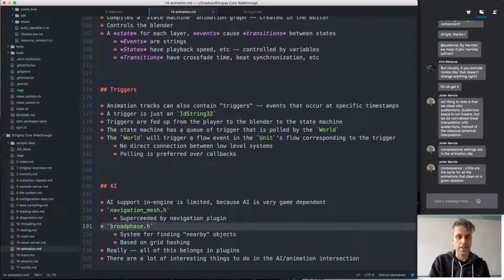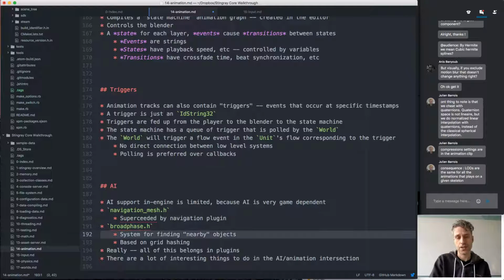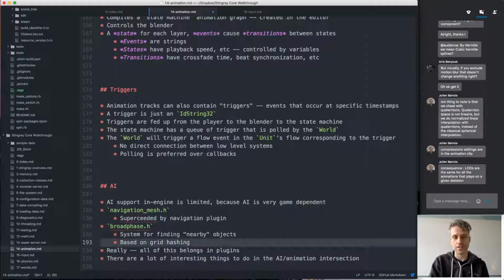We have another AI system called the broad phase. That's a system for finding nearby objects. Typically AIs will need to reason about the world, and they will need to know where to find health potions, ammo, cover points, whatever. This is a generic system for that. You can enter objects into the system, saying these objects are stored here, and then you can query the system to find what objects are near you.